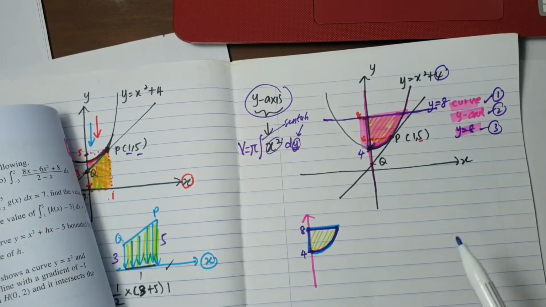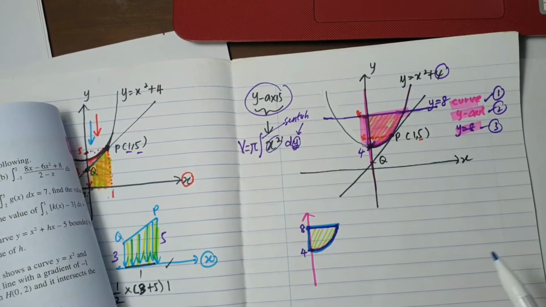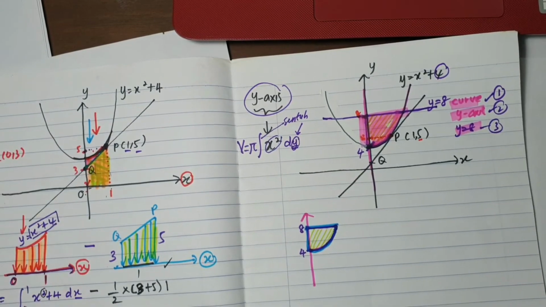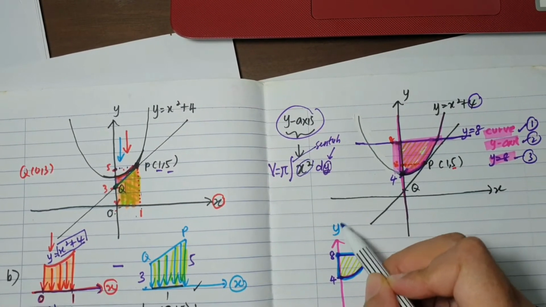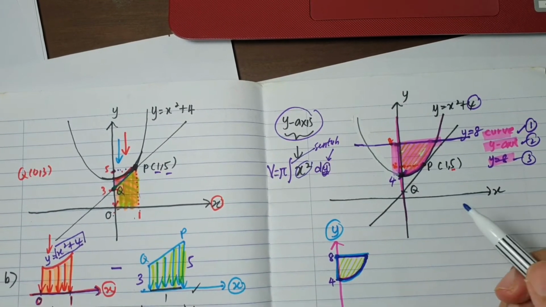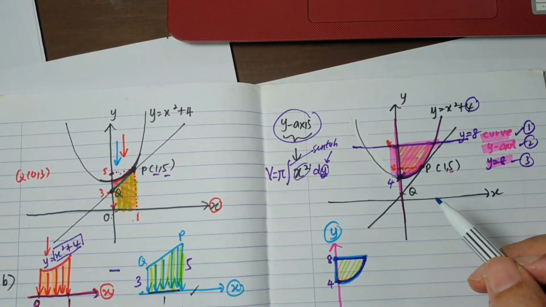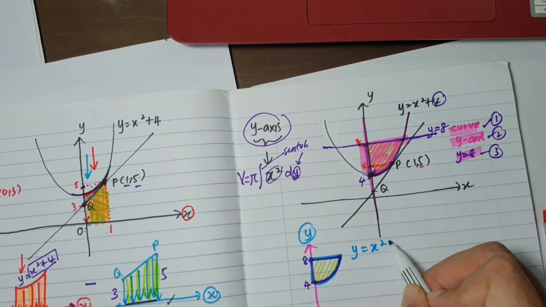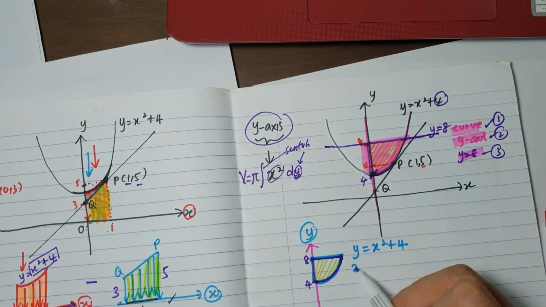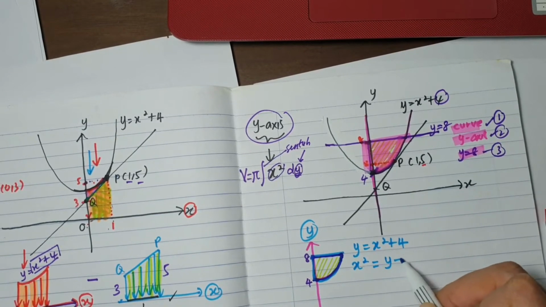Since it says revolve about the y-axis, the limit must be on the y-axis, and you must make x squared your subject. The equation of the curve is y equals x squared plus 4, so making x squared the subject, it becomes y minus 4.